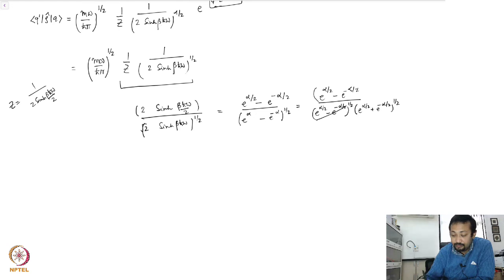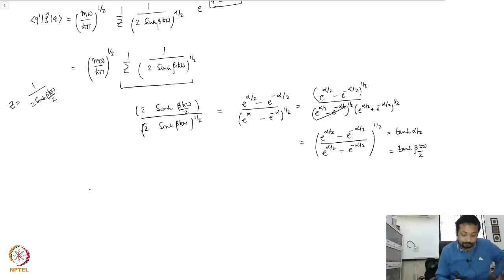This factor gives you a half in the numerator, and you have e to the power alpha by 2 minus e to the power minus alpha by 2 divided by e to the power alpha by 2 plus e to the power minus alpha by 2 whole raised to the power half, and this answer you know is tan hyperbolic alpha by 2, which is tan hyperbolic beta h bar omega by 2.